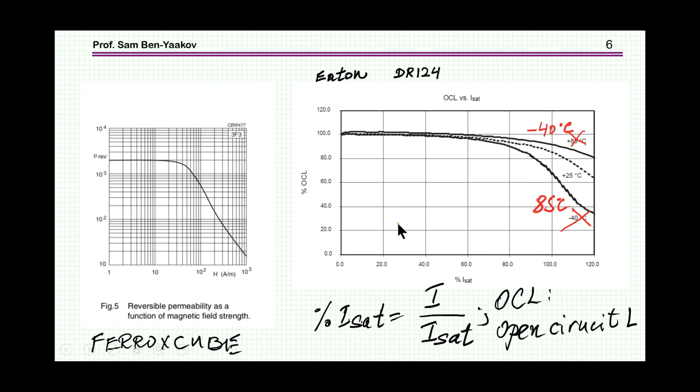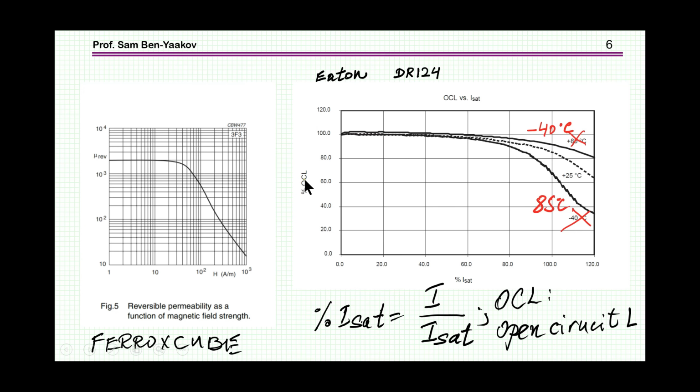And then, of course, we have another way of looking at it, and here is, for example, the Eaton DR124. They are showing here percent change in the inductance, and here we see that as the percent saturation, which is defined as the actual current times some value that they call the saturation, then as this ratio is increasing, the percentage, then of course you'll have eventually a drop in the inductance.